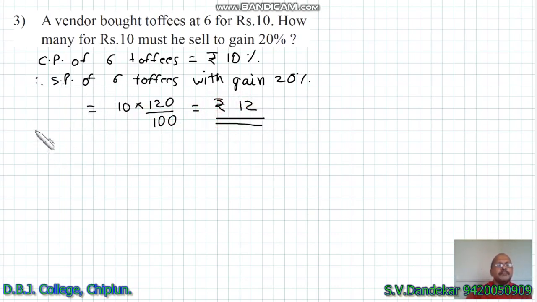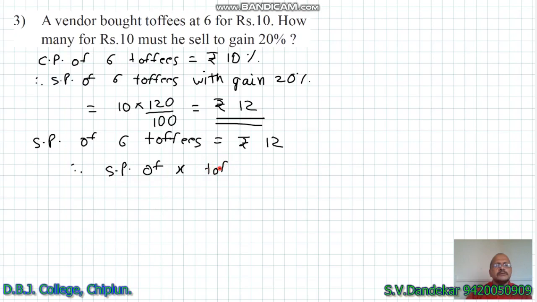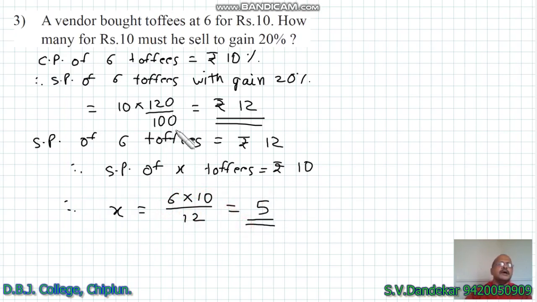Now selling price of 6 toffees is equal to rupees 12, and therefore selling price of X toffees is equal to rupees 10, and therefore this X is equal to 6 into 10 upon 12 equal to 5, and therefore the vendor must sell 5 toffees for rupees 10 to gain 20%.